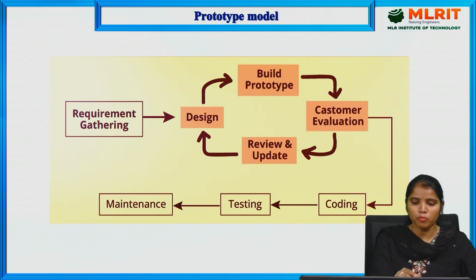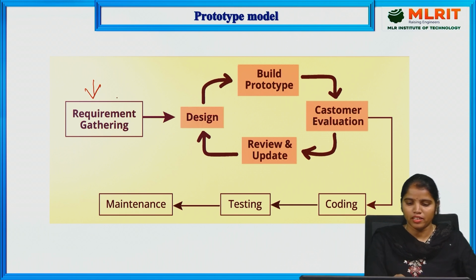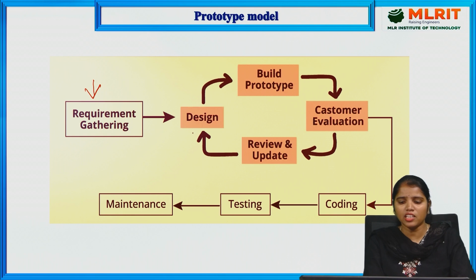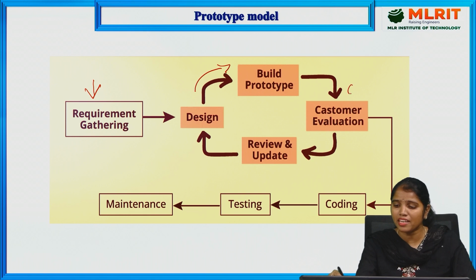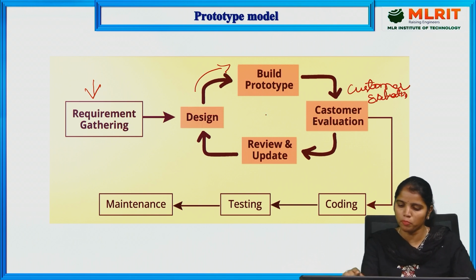Here, first of all, we gather the requirements of the customer. Next, we go for the design phase. If the design phase is completed, next we go for the prototype phase. Next, we go for the customer evaluation, to see whether the customer is satisfied with the design or prototype or not.